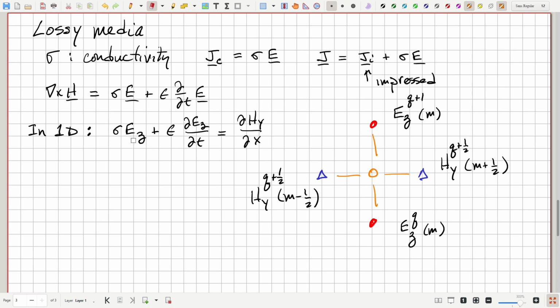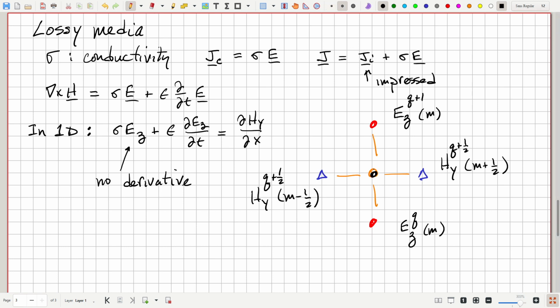How do we fold this term in here? Notice in this case there's no derivative in that term. We're trying to write this equation at this point here, and we do it with a spatial central difference and a temporal central difference, but this term is not a difference. It's not a derivative.